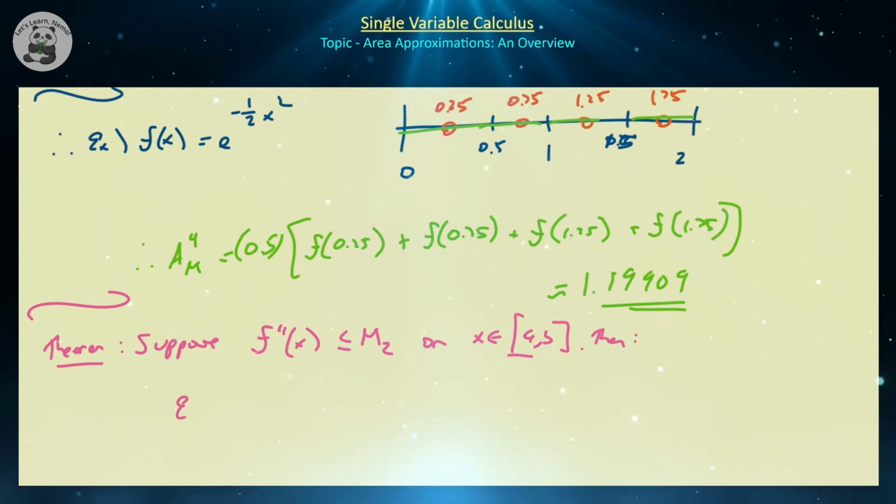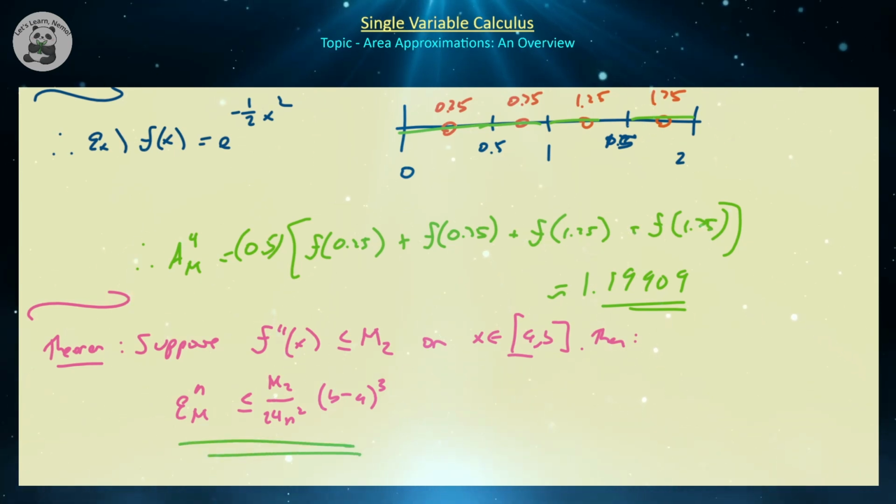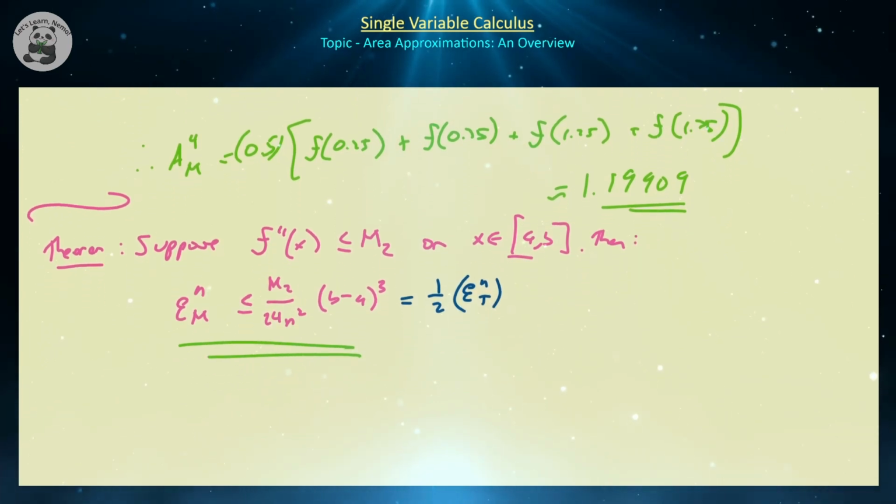Then the error bound for midpoint rectangles will be less than or equal to M_2 divided by 24 n squared, so it's still going to decrease quadratically, times b minus a cubed. But if you compare this to the trapezoidal approximation, it's practically the same, but it's half of the error bound of a trapezoid. So if you have 8 trapezoids, you in some sense only need 4 midpoint rectangles to get practically the same exact amount of error.